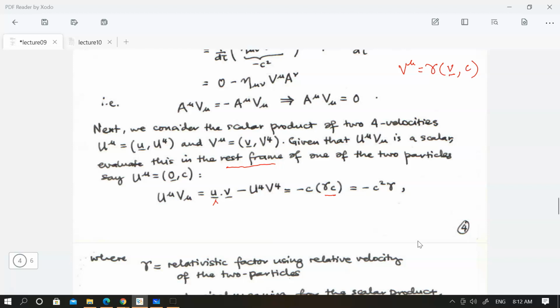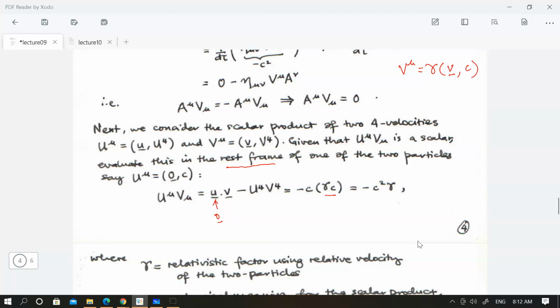This is 0 vector. So you're left with v4, which is given by gamma c, and u4 in this particular case will be just c. So what you get is minus c squared times gamma.